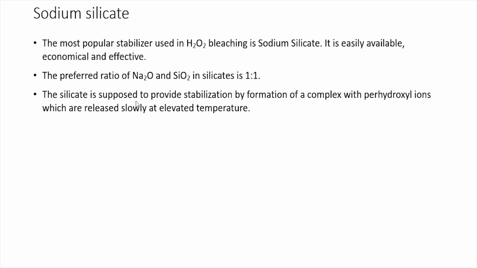When you use sodium silicate, it forms a complex with the perhydroxyl ion, and that releases the perhydroxyl ion in a slow manner at elevated temperature. Only when it reaches a particular temperature will it release the perhydroxyl ion, and that is also in a controlled manner, very slowly.